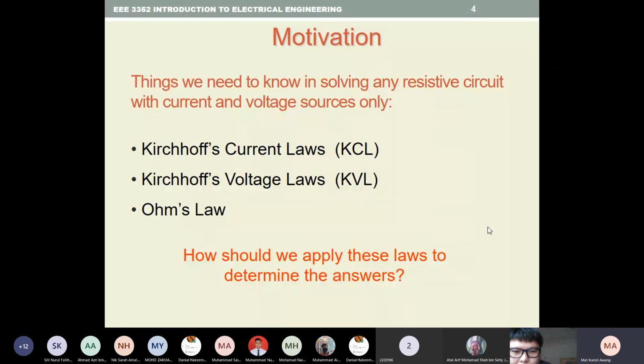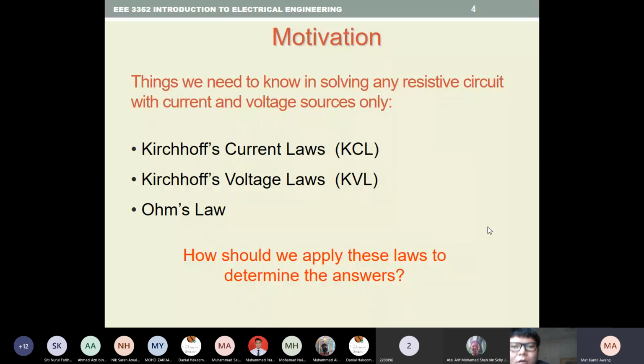If the circuit consists of resistors and it has voltage or current source, then these are the 3 rules or 3 laws that we need to apply: Kirchhoff current law, KCL, Kirchhoff voltage law, KVL, and Ohm's law. And how are we going to apply these laws in order to find a solution?